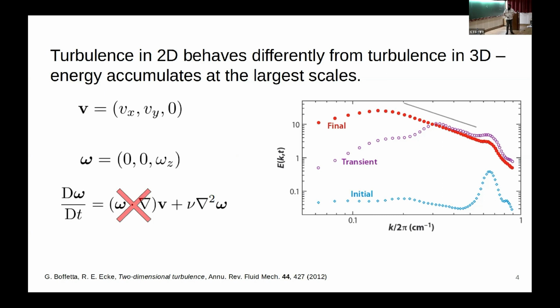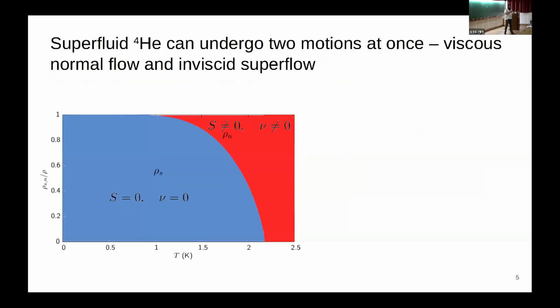As a result, in two dimensions, in the homogeneous isotropic case, the energy is not transferred to smaller and smaller scales, but rather is transferred up into larger scales, as can be seen in this simulation from this review that I stole, where the energy injection is localized at small wave numbers and cascades up. It's a classical case.